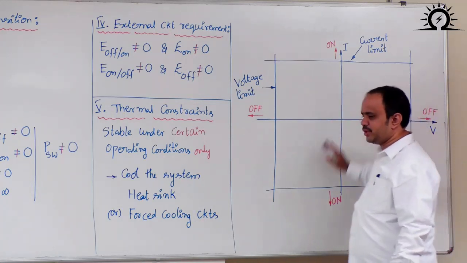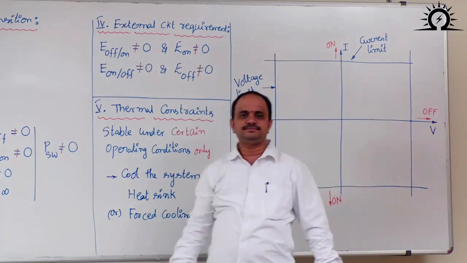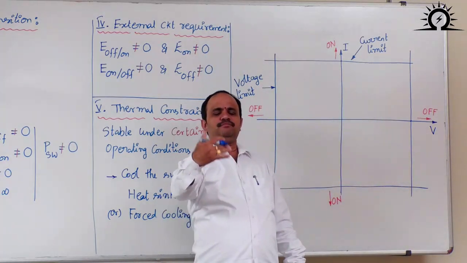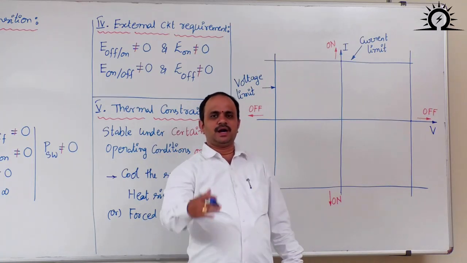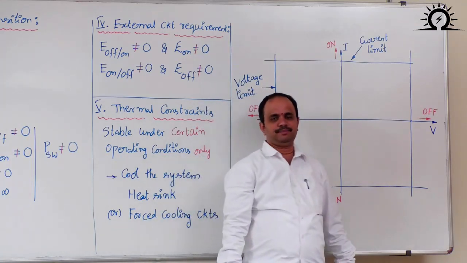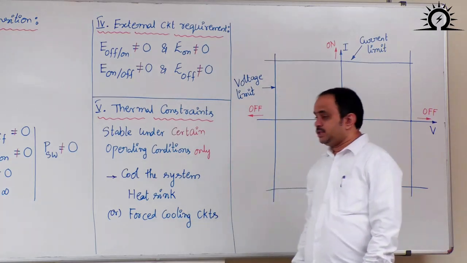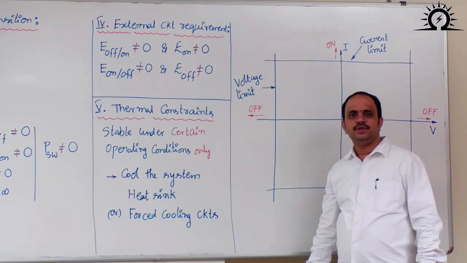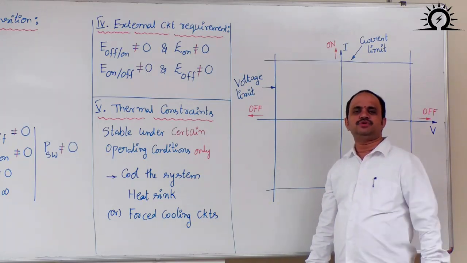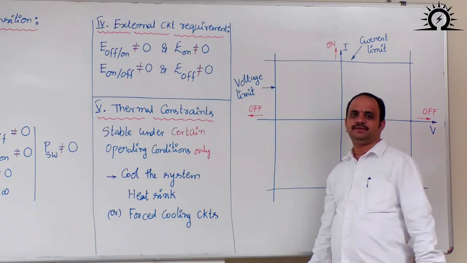Now, another important point, remember carefully. For example, we bought some device like a thyristor, 100 volt and 50 ampere. Even though the device voltage rating is 100 volt, we are not supposed to operate it at 100 volt and 50 ampere.